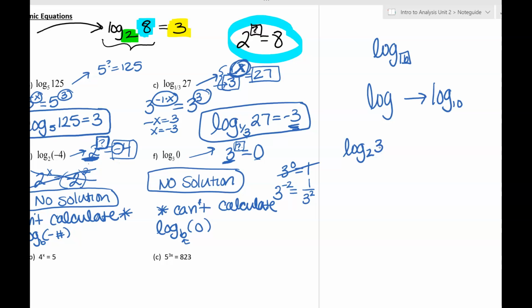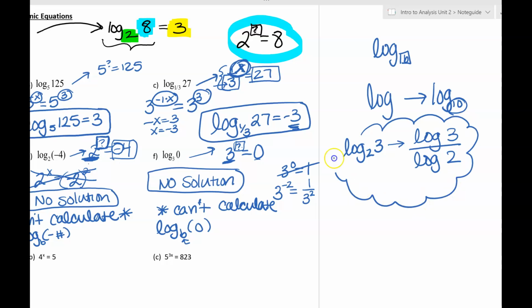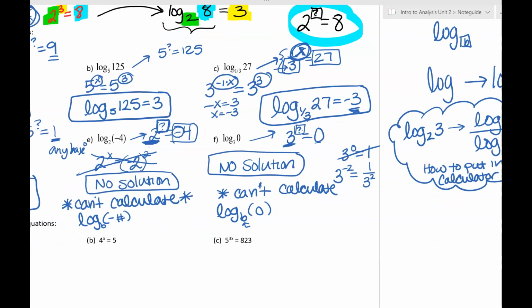I don't know what power of 2 makes 3, but there is one, like something with a decimal. Then I can enter into my calculator log of 3 divided by log of 2, using that log button on the calculator that's actually base 10. So this is just a reminder of how to put it in the calculator, in case you are using a calculator that's not a fancy graphing calculator that lets you choose the base of your log. Okay.